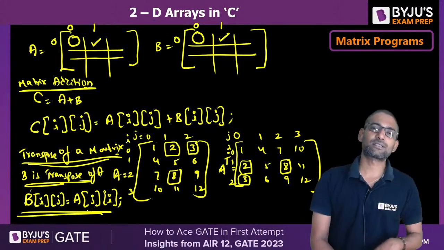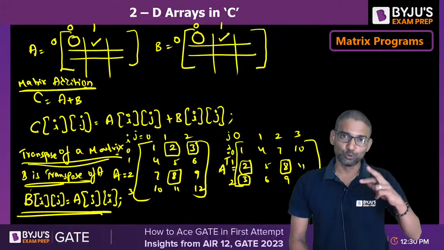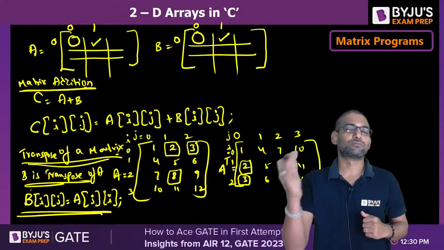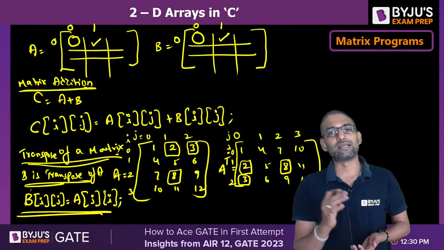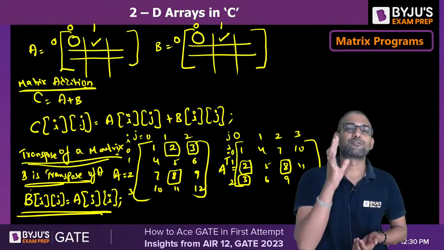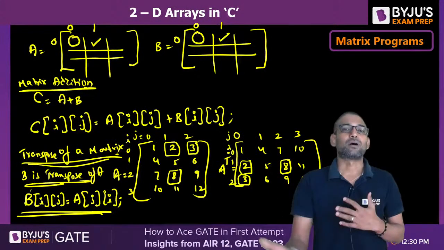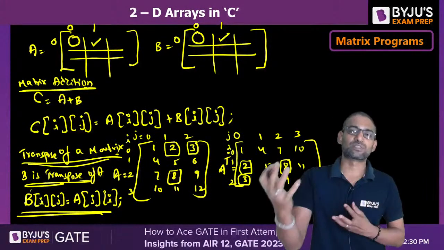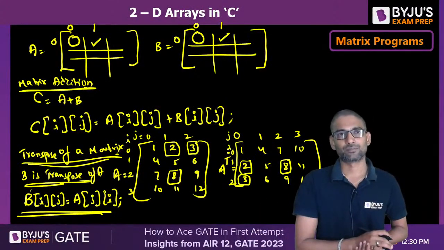So in the nested loop, as I have shown, two loops for I=0, I less than R, I plus plus, J=0, J less than C, J plus plus. If I write B of IJ equal to A of JI, automatically rows turn into columns, columns turn into rows. Isn't it?